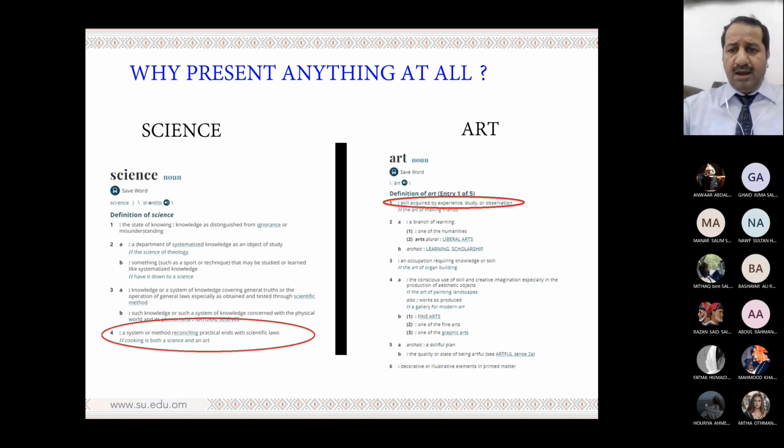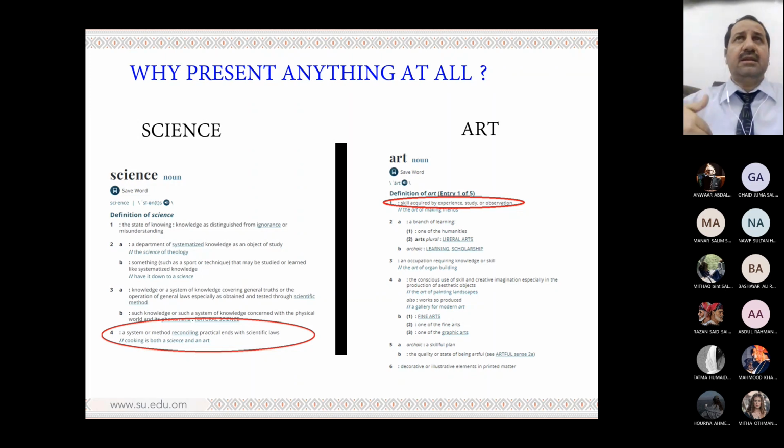But art here is the skill acquired by experience, study, or observation. So art is something else, talking about the skills we have. So how can we use art to present a scientific problem?